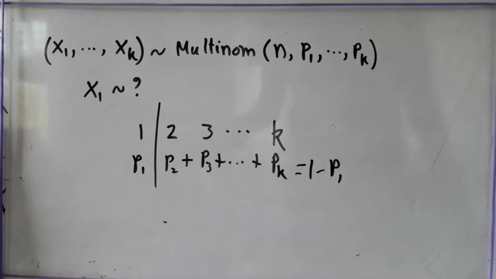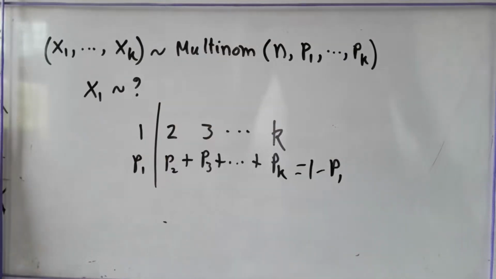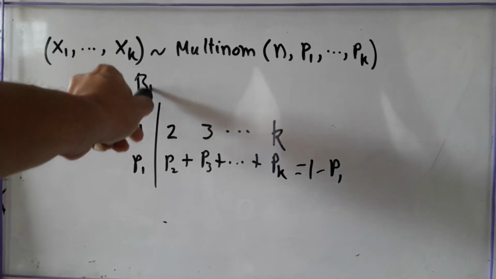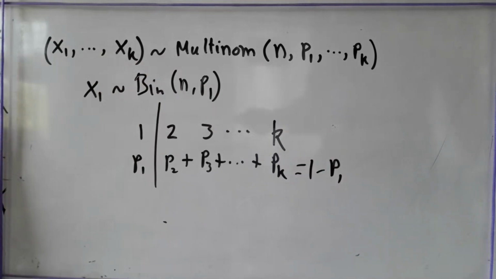So x1 naturally will be like tossing a coin n times with probability of head equal to p1. So I immediately know that this must be binomial in p1. And obviously there is nothing profound about 1. The same argument can be applied to any other i.